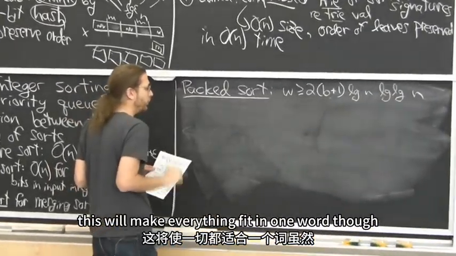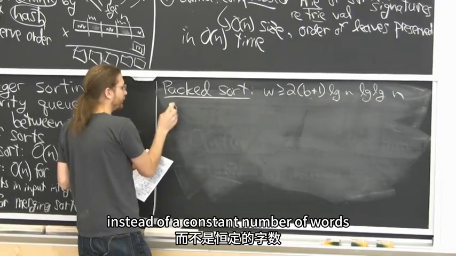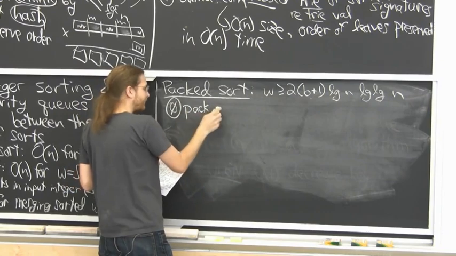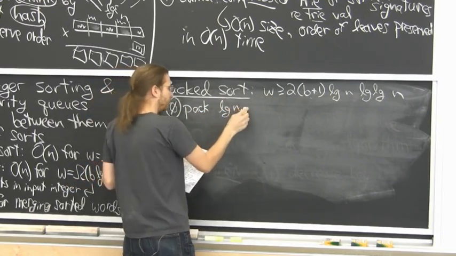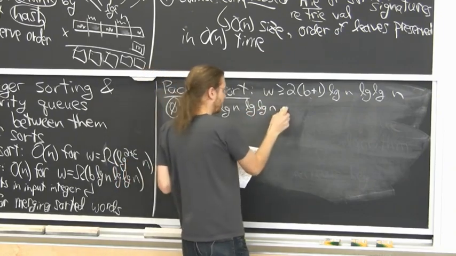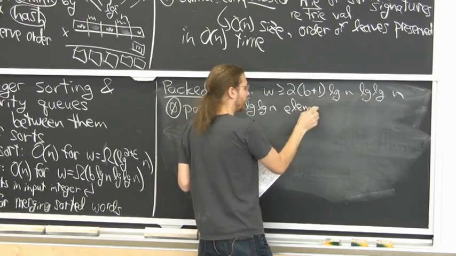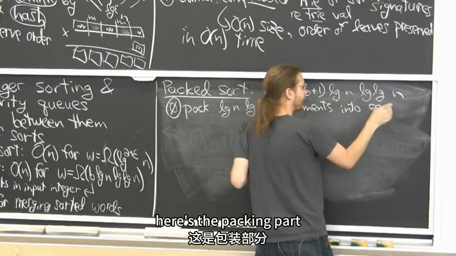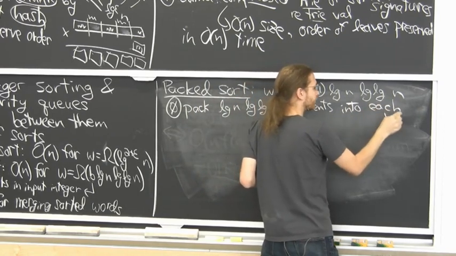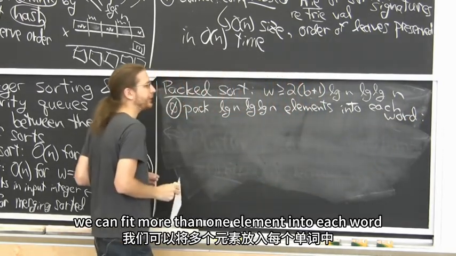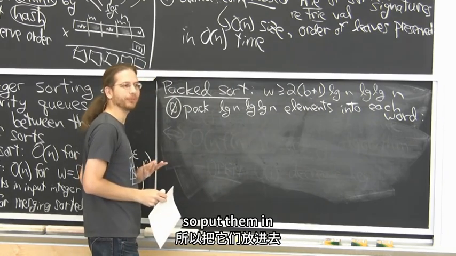This will make everything fit in one word, though, instead of a constant number of words. Okay, step 0 of this algorithm is the packing part. We can fit more than one element into each word, so put them in.